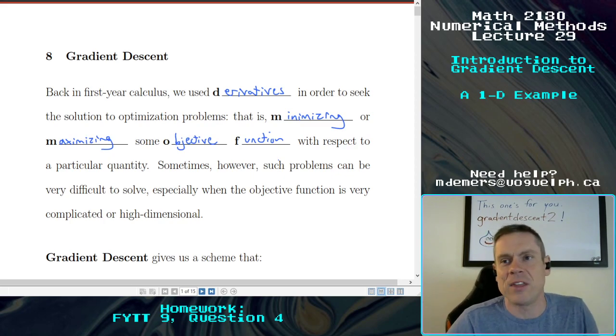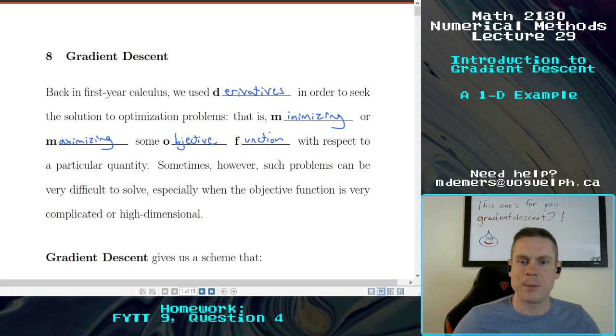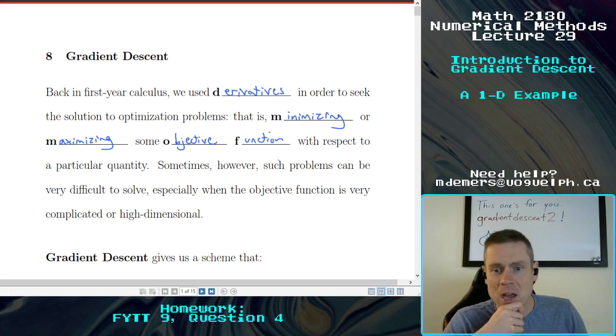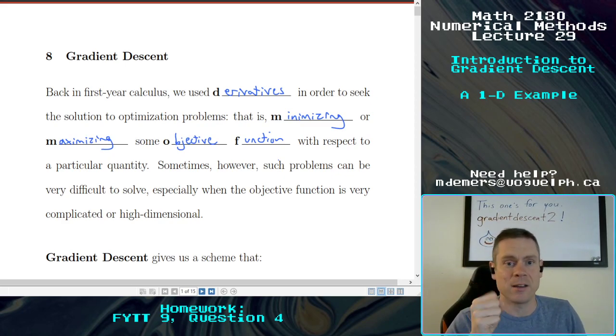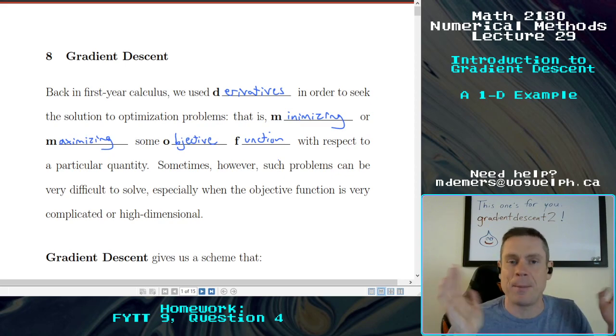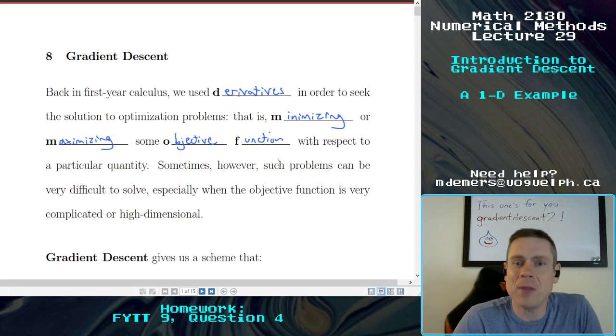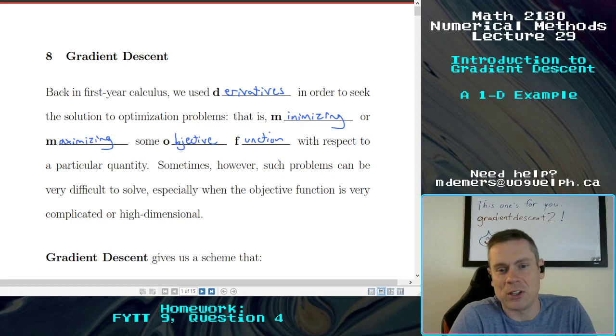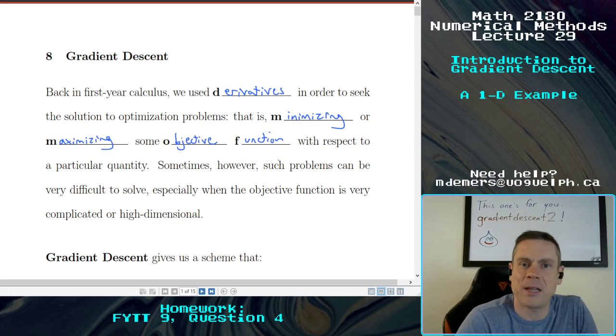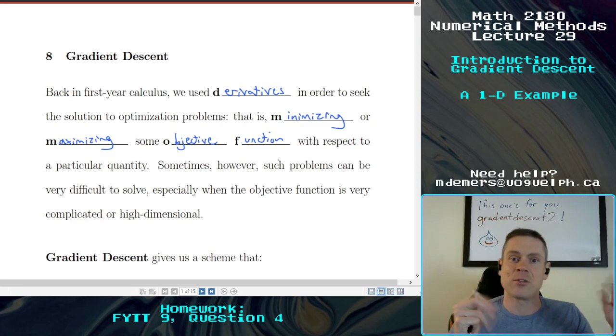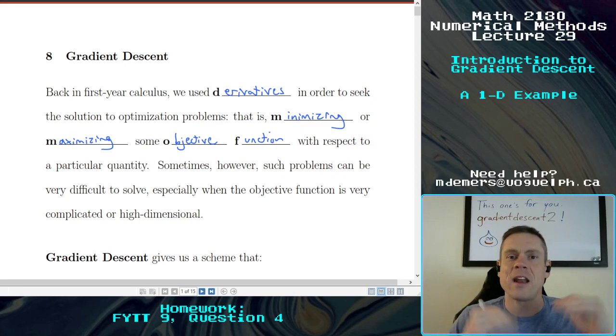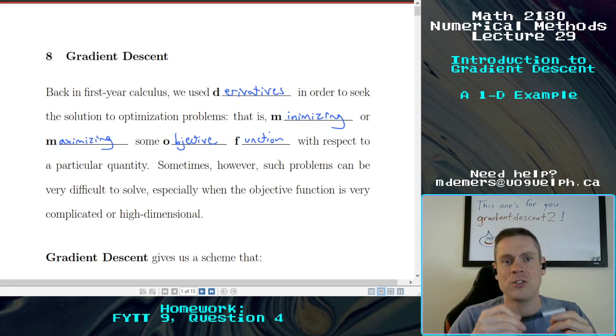These kinds of things that you see in first year examples for optimization problems with respect to a particular quantity, like the spatial dimensions or whatever might be involved in the problem. But sometimes problems like that can be really hard to solve, especially when you have a very complicated equation or something with a lot of different dimensions, right? One thing that I find with calculus students in first year is that doing optimization problems is usually among those topics that is more difficult for students to do.